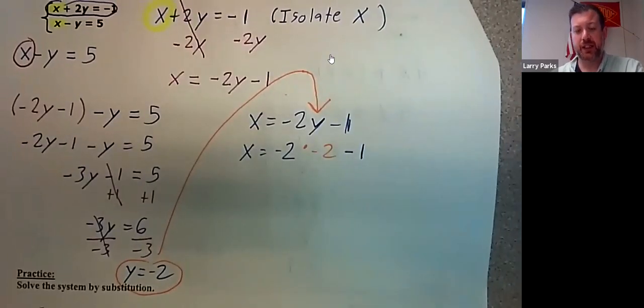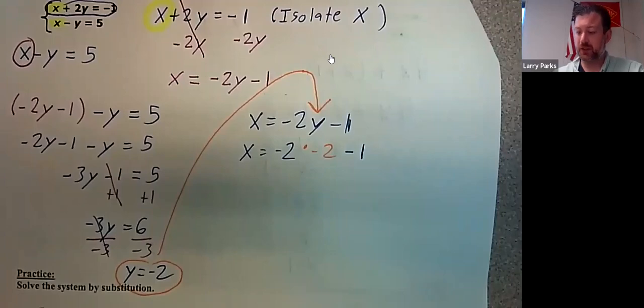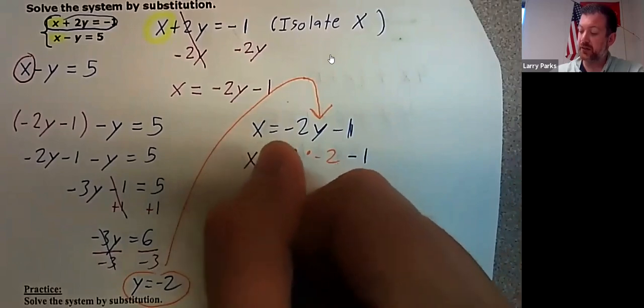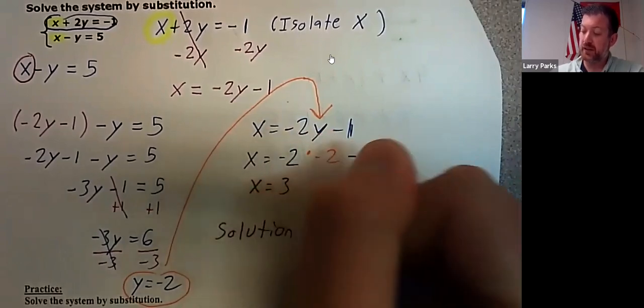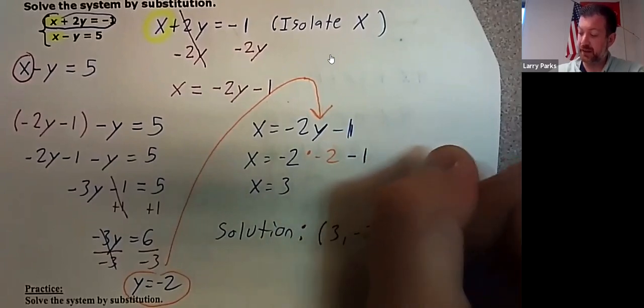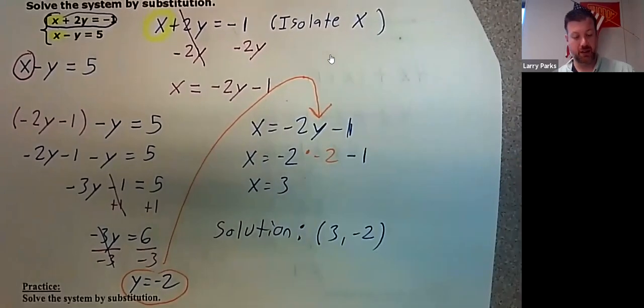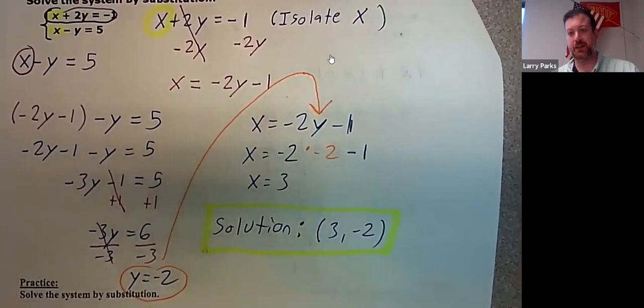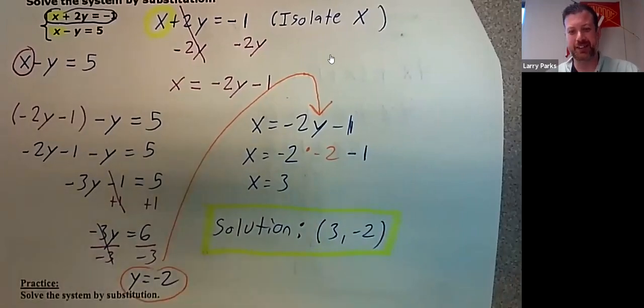Negative 2 times negative 2 is 4. 4 minus 1 is 3. So I would say solution is 3, negative 2. And then it always helps, at least I like the kids that really show me where their answer is.